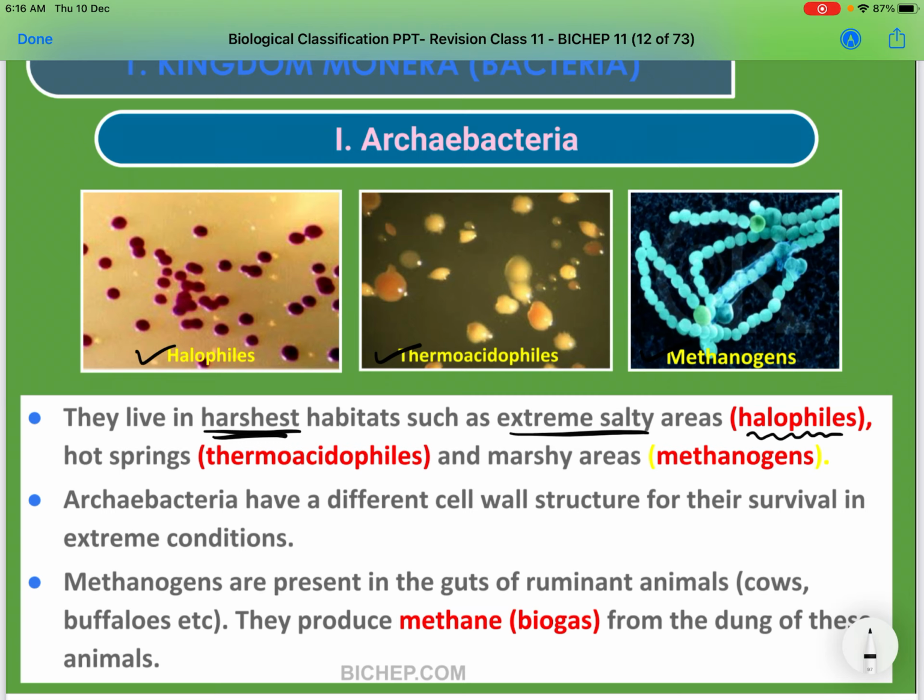If they are found in hot springs, they are thermoacidophiles. If they are found in marshy areas, they are methanogens. Methanogens produce methane gas, and that's why they are called methanogens. Archaebacteria have a different cell wall structure which is protected.